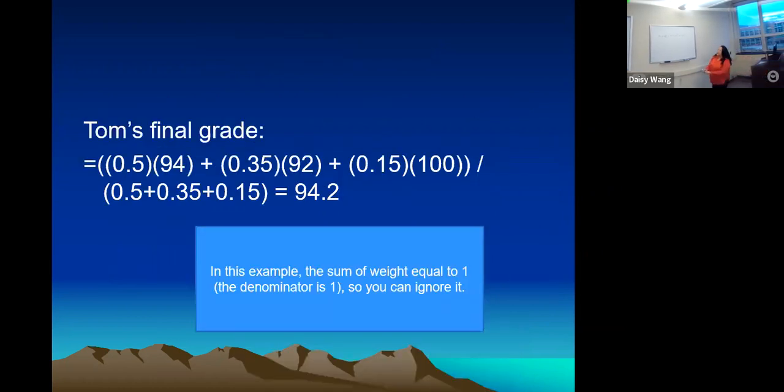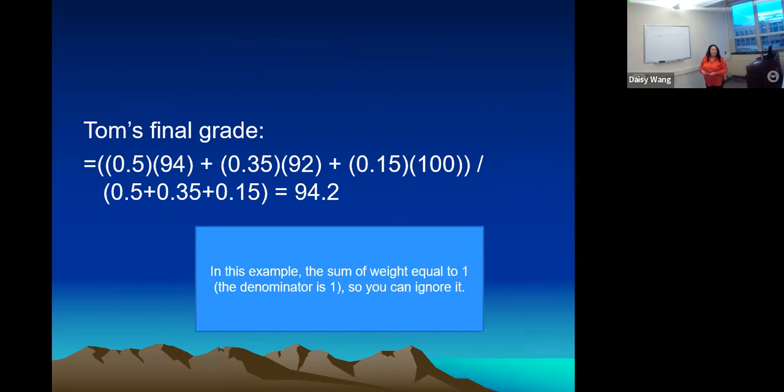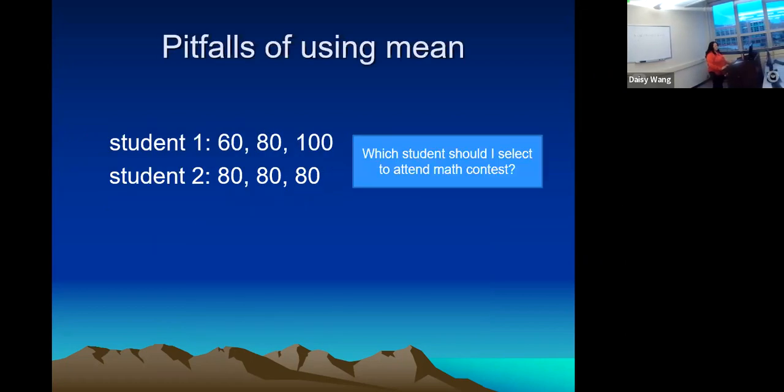So the final grade is 94.2. It's an A. So remember, the weights need to add up to 100%. If it's not 100%, that means something must be off.